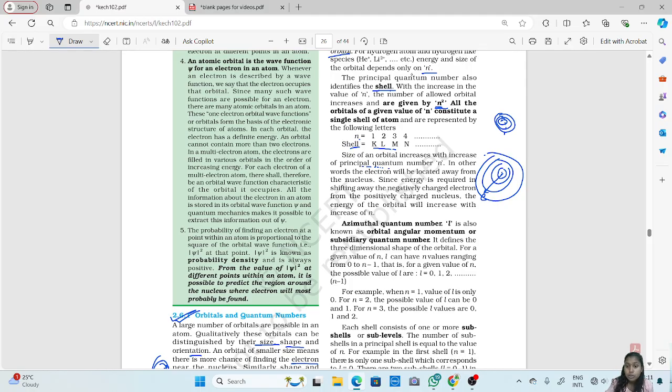It also ensures that the electron is located away from the nucleus. Since energy is required in shifting away the negatively charged electron from the positively charged nucleus, the energy of the orbital will increase with increase in n.